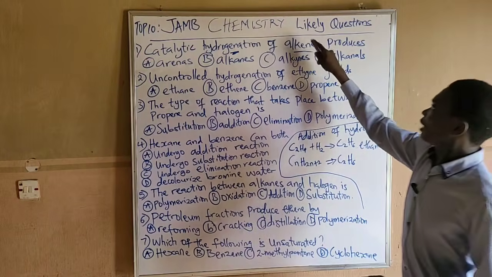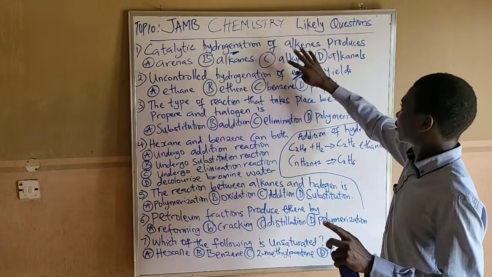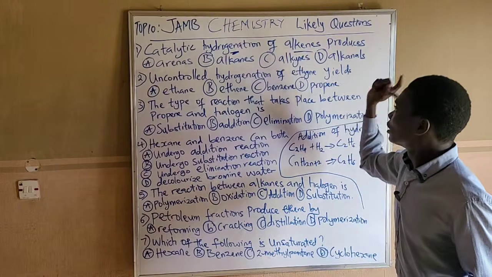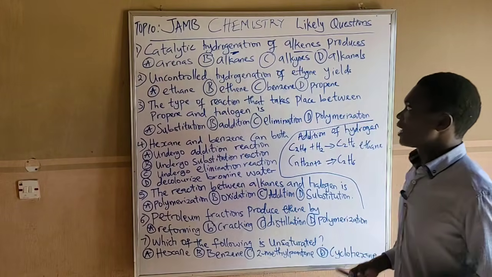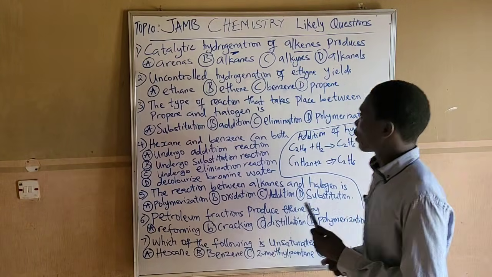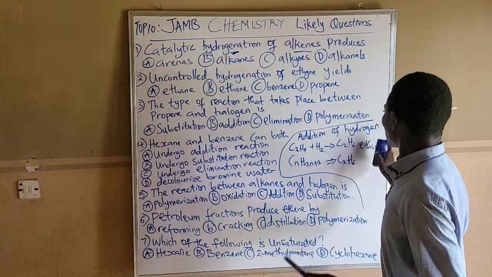So we are done with number 1: hydrogenation of alkenes gives us alkanes. So the correct answer to question number 1 is option B. Let's look at question number 2.